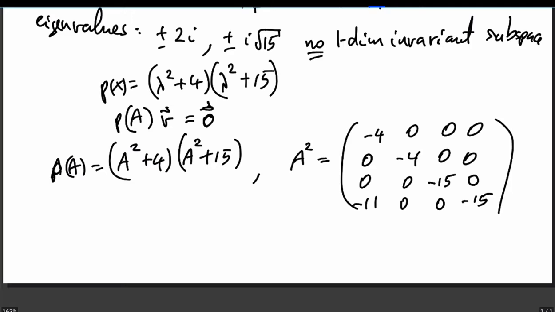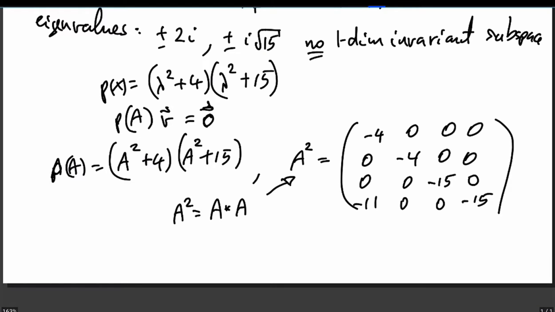So I hope we are not at the level where anybody confuses what A squared is. A squared is not the square of the matrix entries, it's A times A. So we have to do 4 by 4 matrix multiplication of two matrices.